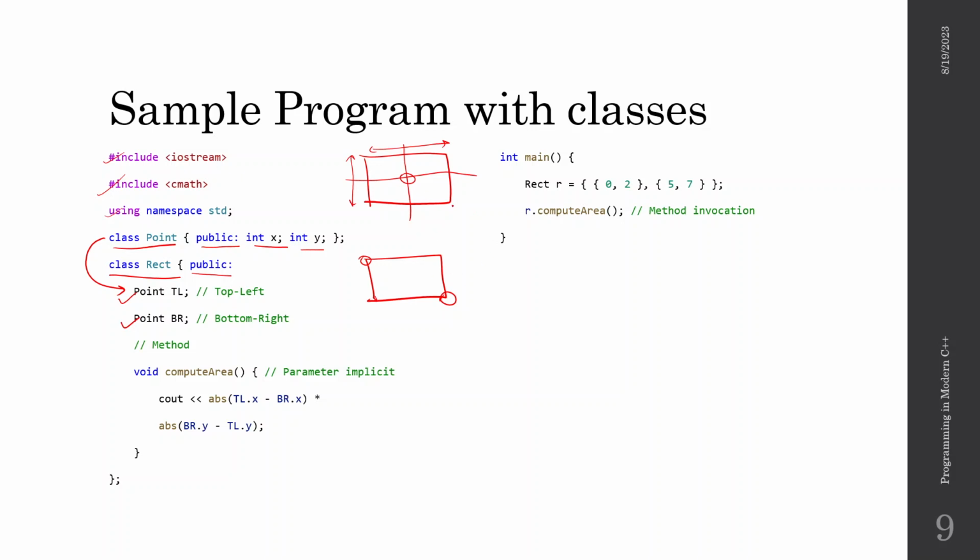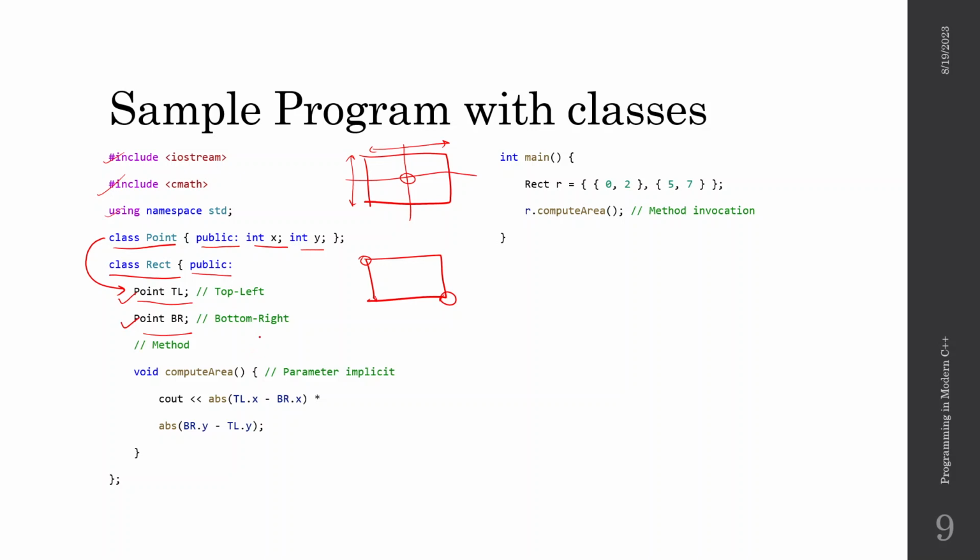In both cases we require minimum 4 parameters. So instead of using the parameters individually, we are using the point class which we have already defined before. So we have two data members, point top left and point bottom right.